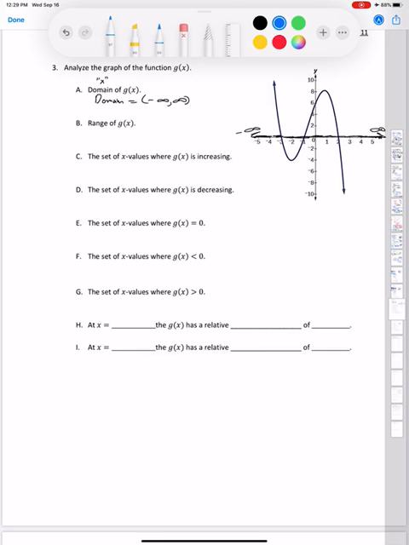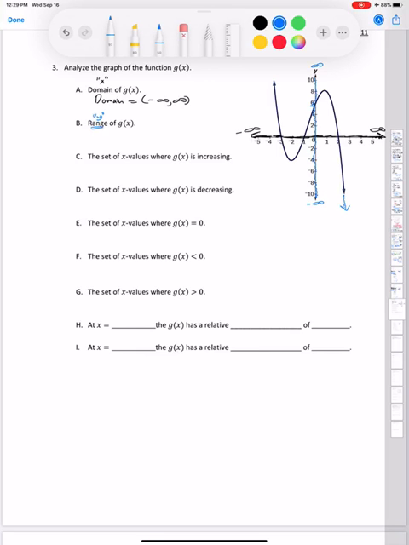Now as we look at the range, right, range are, of course, a list of all the y values that make up this function graph. So with our graph in front of us, we want to look at the y-axis. So where's your graph go? How far down does it go? Well, it goes down forever to negative infinity, right? And of course, it climbs up to positive infinity.